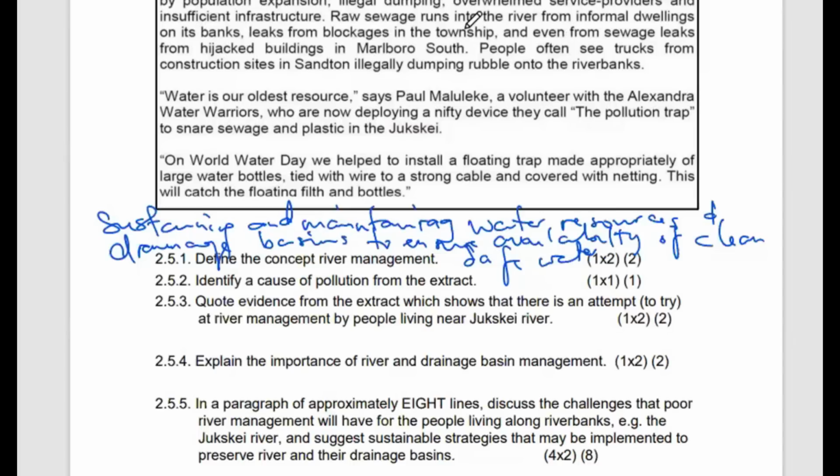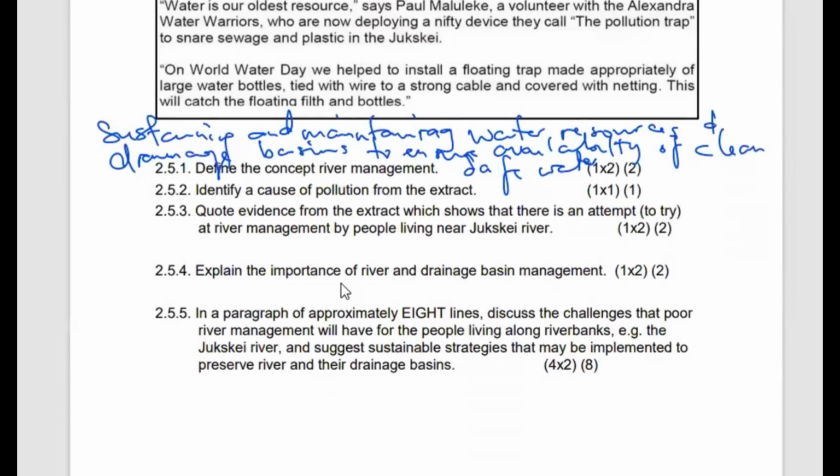It also talks about raw sewage. So we find that these are the causes of pollution from the extract: population expansion is one cause, illegal dumping is another cause, overwhelmed service providers, and also insufficient infrastructure, and also sewage. These are the causes according to the extract. We just extract the evidence from the sources given.